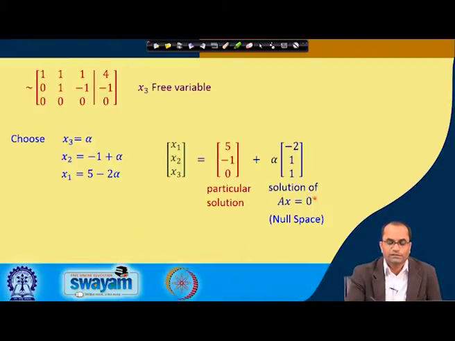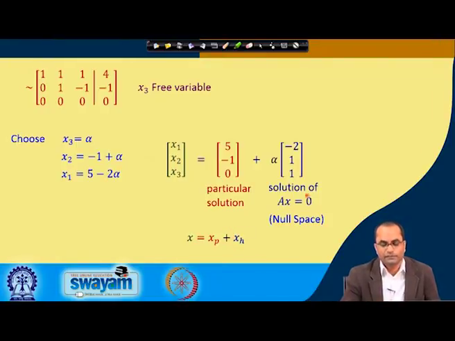Homogeneous means the right hand side is set to 0. This is a very special structure we will talk about more later. Always we can write our x as xp, one particular solution of the given system, plus the solution of the homogeneous system.